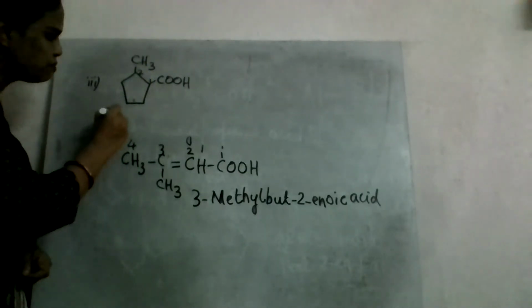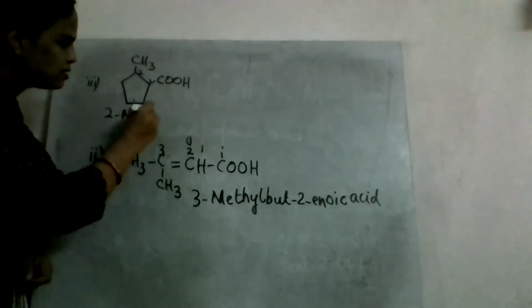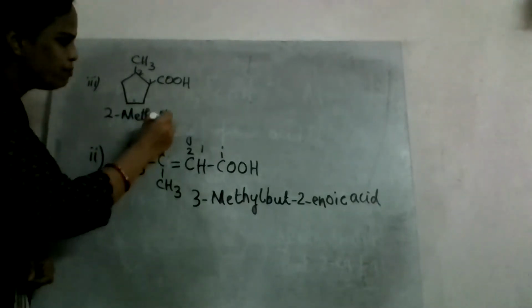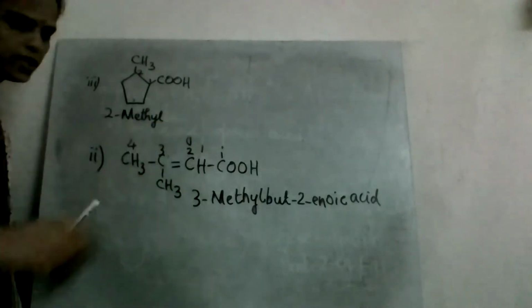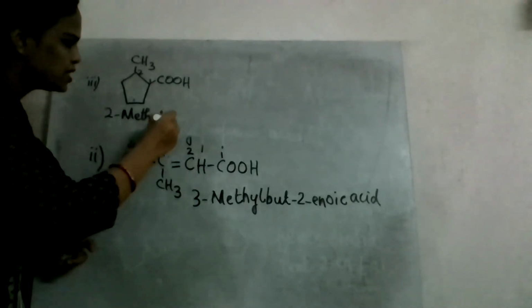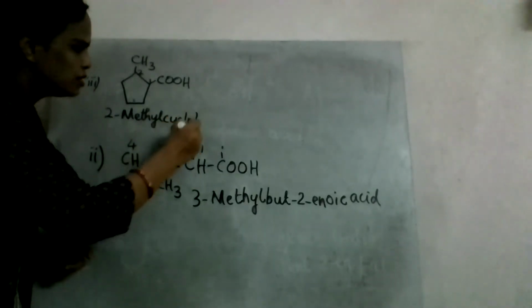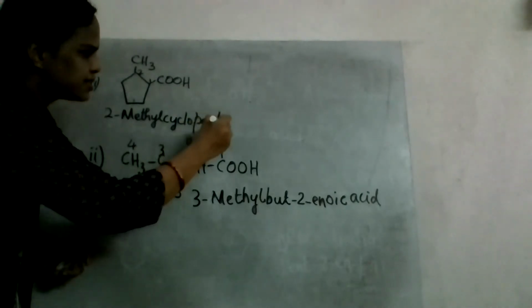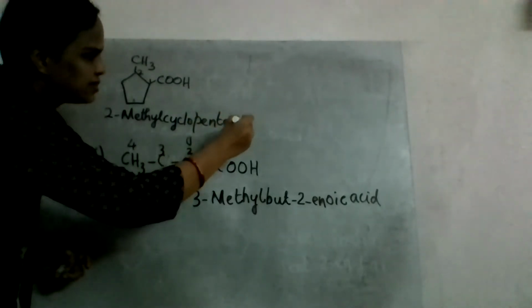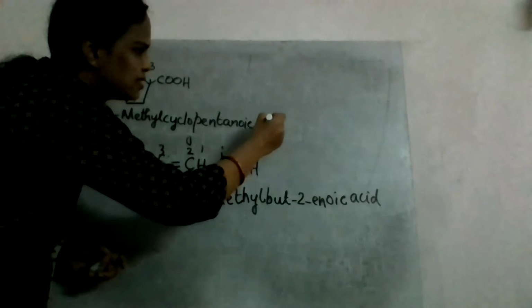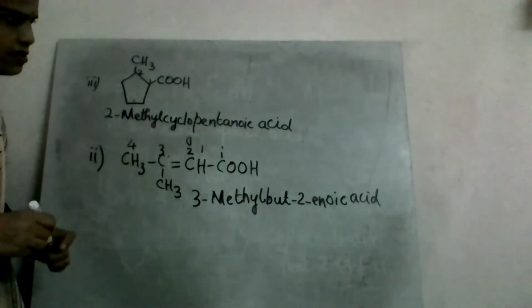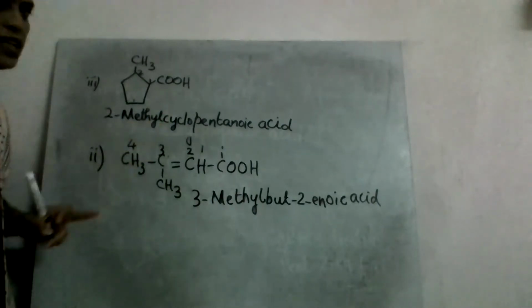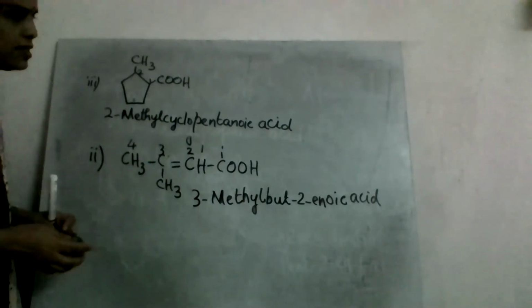So the name of this compound is 2-methyl cyclopentane carboxylic acid. This is the answer, 2-methyl cyclopentane carboxylic acid.